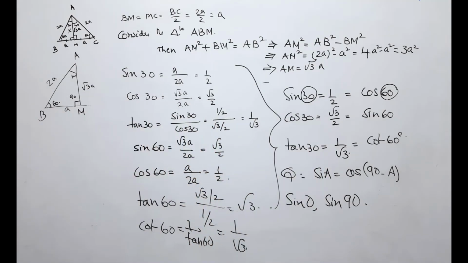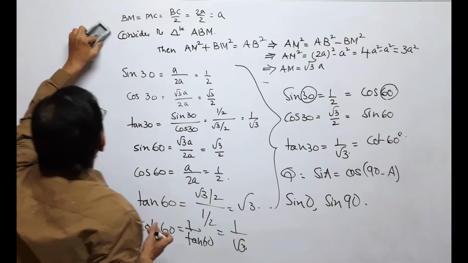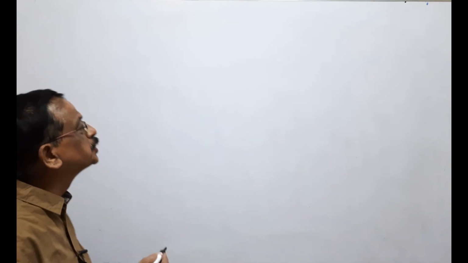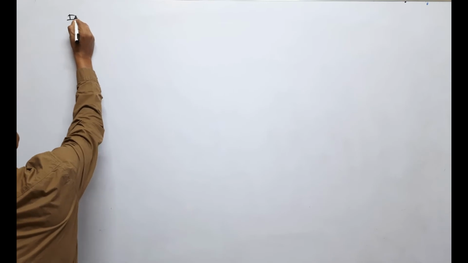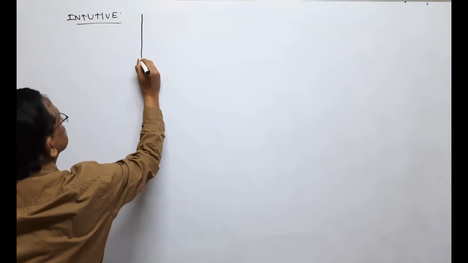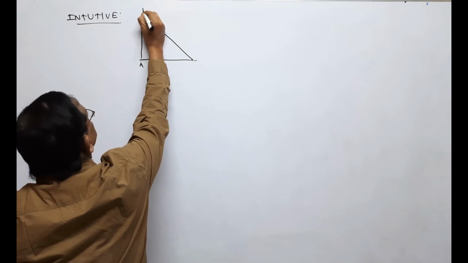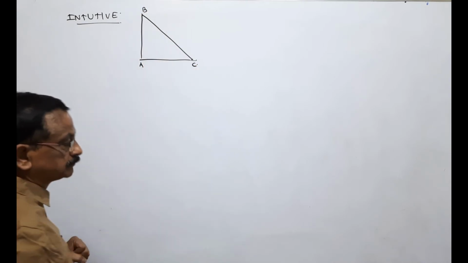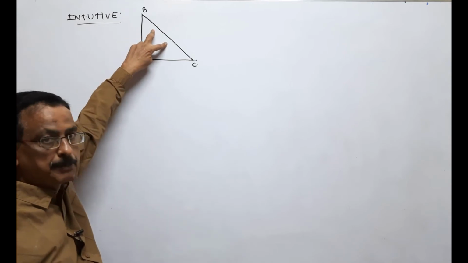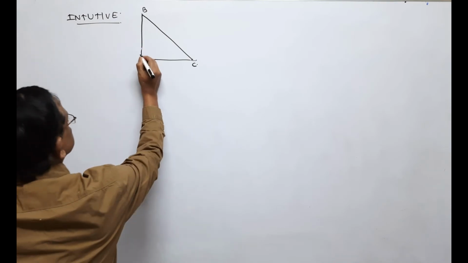So for this, let me look into it in a different way. Let us see sine 0 and cos 0 in this way. It's called an intuitive idea, because you have to visualize this. This is A, B, and C. BC is the hypotenuse, AB is a side, AC is another side, angle A is 90.